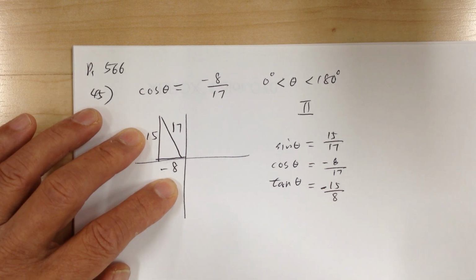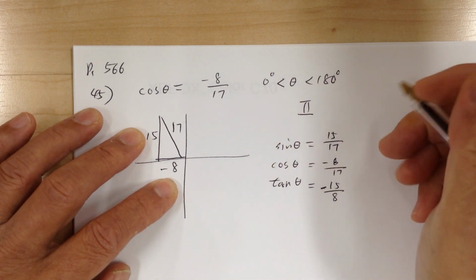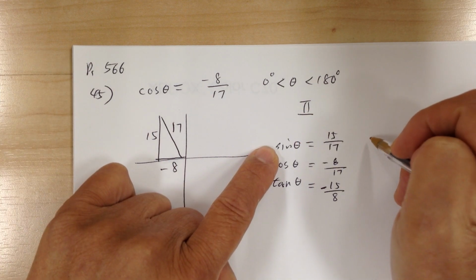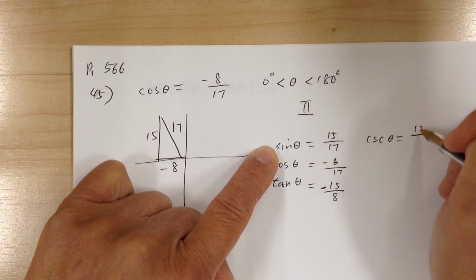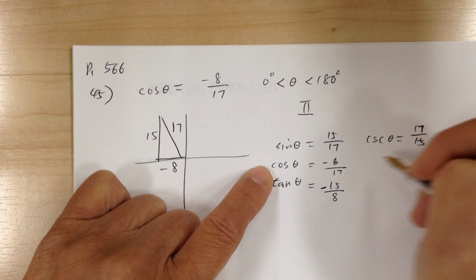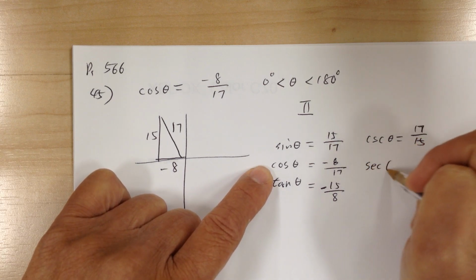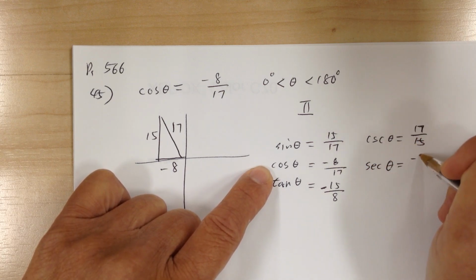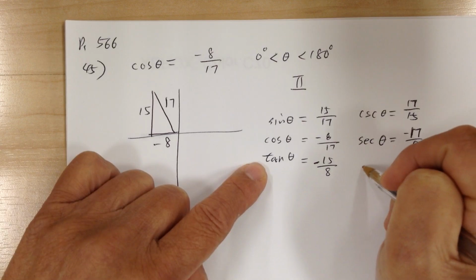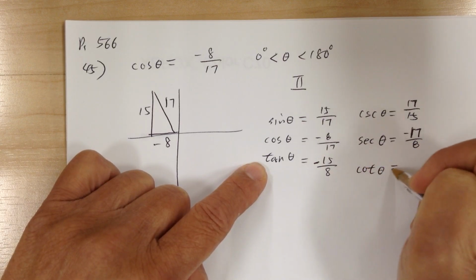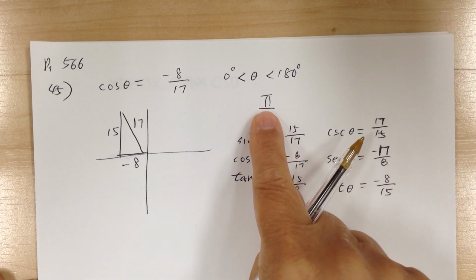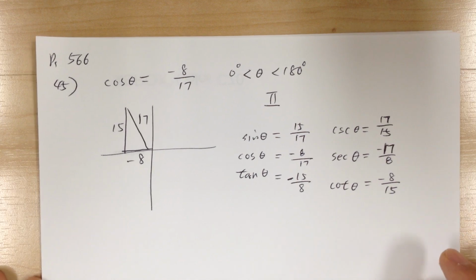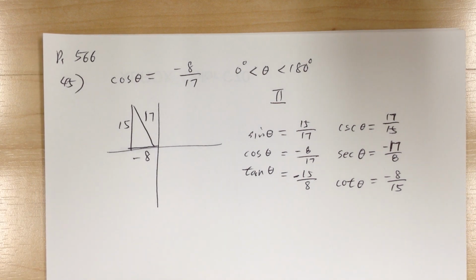Once you get the 3 primary, you get the 3 secondary. Cosecant, the reciprocal of sine, would be 17 over 15. Secant, the reciprocal of cosine, would be negative 17 over 8. And cotangent theta will equal negative 8 over 15. So it's the second quadrant, with all the other 5 trigonometric ratios.